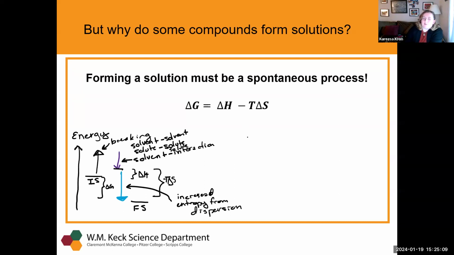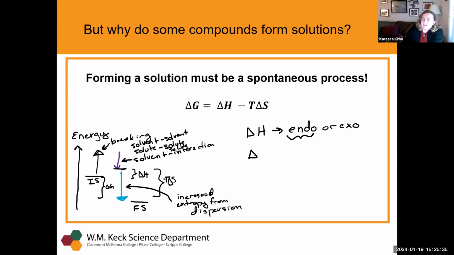But if I asked you, if you just consider delta H here, is it endo or exothermic? In this situation, it is actually endothermic because our final enthalpy and our initial enthalpy lead to the net need to absorb energy to break down the solute and solvent.